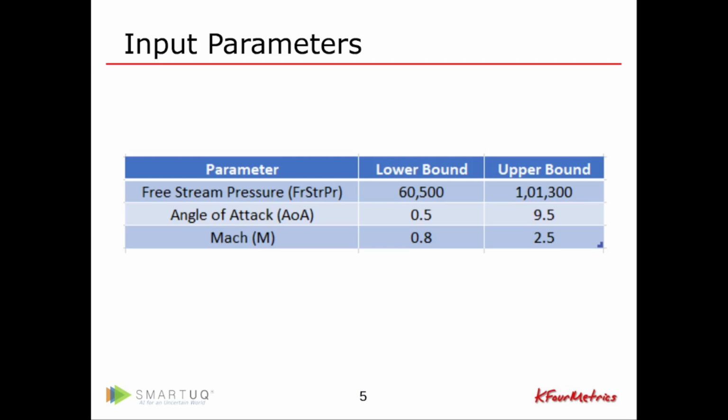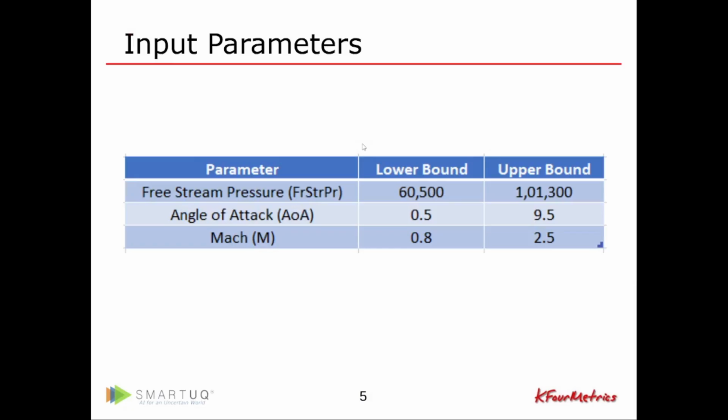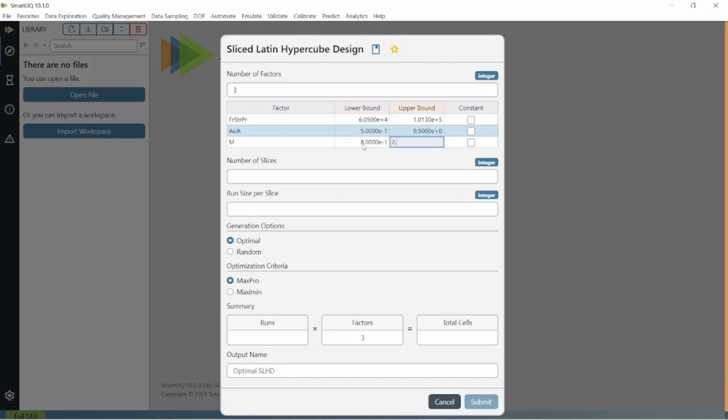So for the free stream pressure it is 101,300, then this is 0.5 to 9.5, and for Mach it is 0.8 to 2.5.